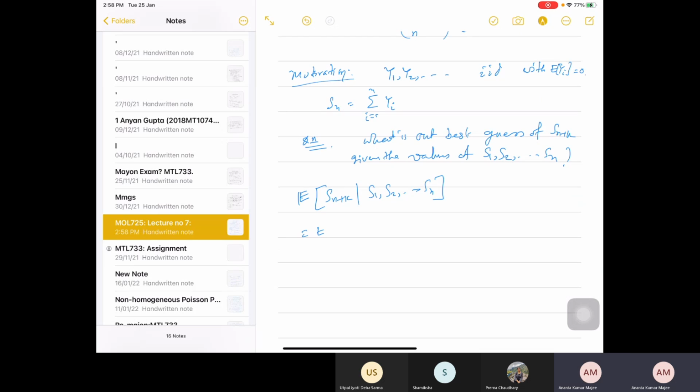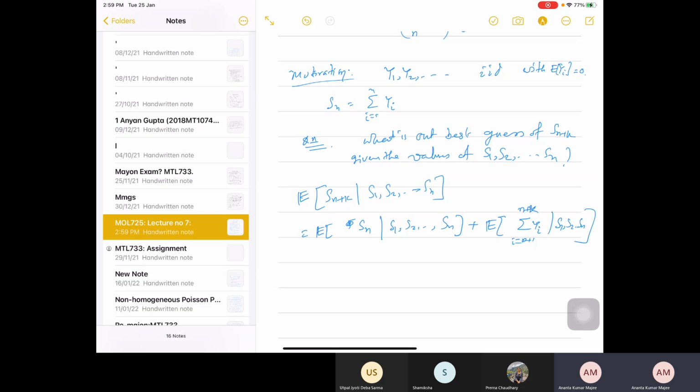I can write this as the expectation of S of n, plus the summation over i equal to n plus 1 to n plus k of Yi, given S1, S2 up to S of n. The conditional expectation is with respect to the sigma algebra S1, S2 up to S of n.